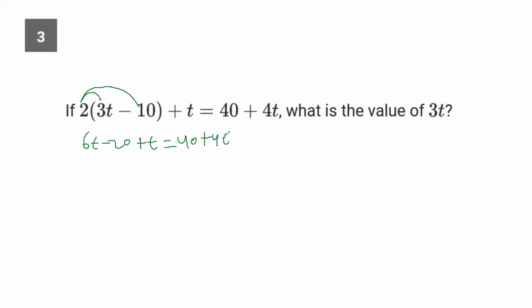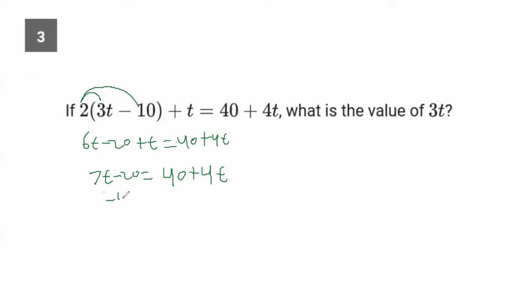We haven't done anything to this side yet. Let's keep going with the left side only just to get 7t minus 20 equals 40 plus 4t.